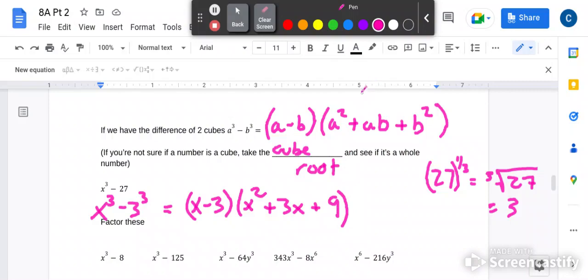And that would be the difference of these two cubes. Just follow this formula right here. You may need to do some finagling to find out what your a and your b values are, but with x cubed minus 3 cubed, x is a, 3 is your b, and you just plug it into this formula.